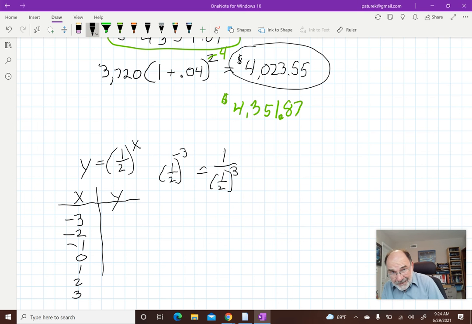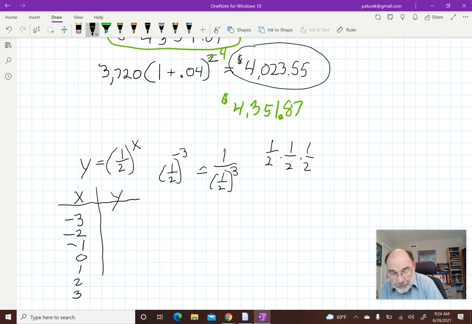So 1/2 to the -3rd power can be thought of as being 1 divided by 1/2 to the positive 3rd power. And so now you have to ask yourself, what is 1/2 times 1/2 times 1/2? Because that's what 1/2 to the 3rd power means.